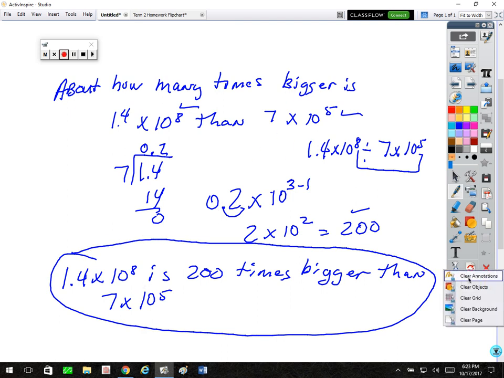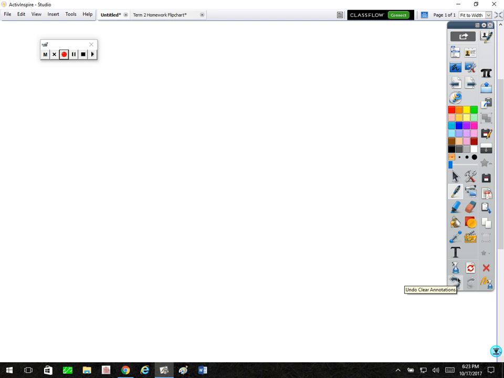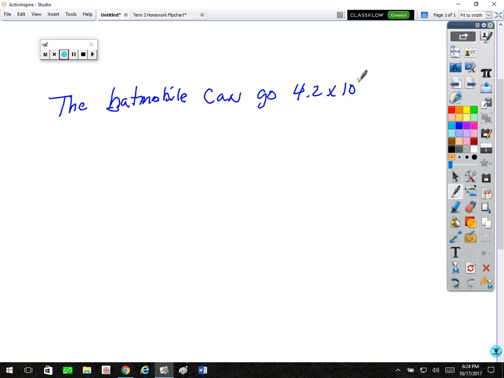Alright, let's try a word problem. Ready? Let's see if we can make one up like we did today. I know this is getting kind of long, but just bear with me. Batman can drive. Batman, the Batmobile. Let's back that up. The Batmobile can go 4.2 times 10 to the 6 miles per hour.